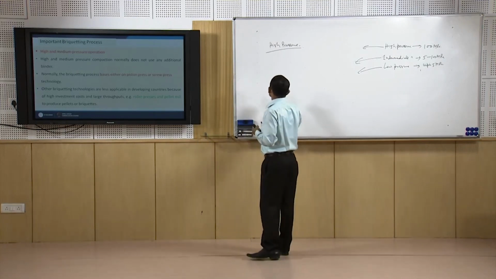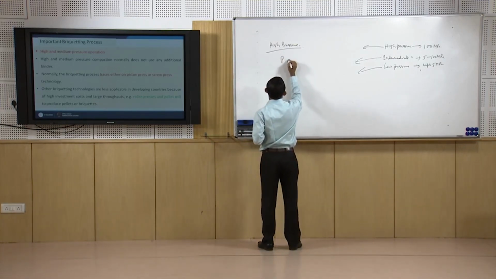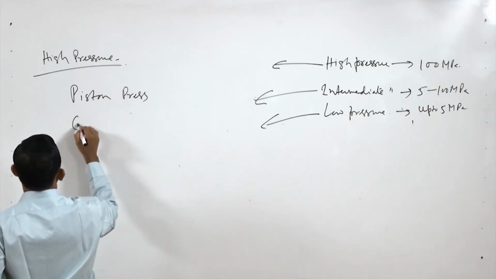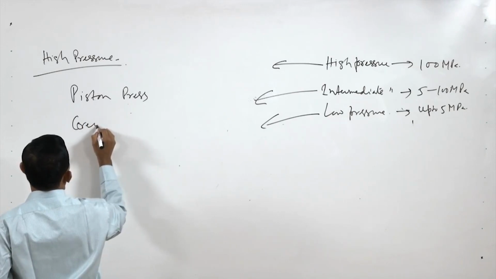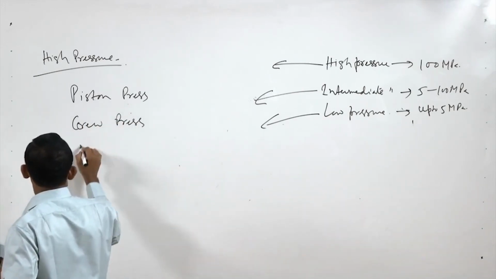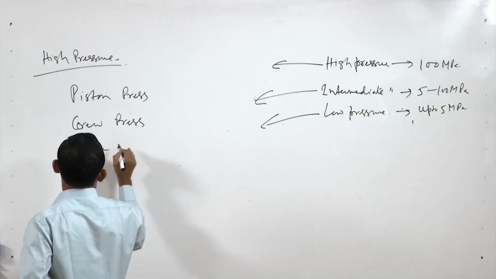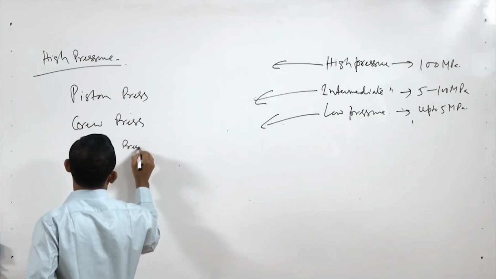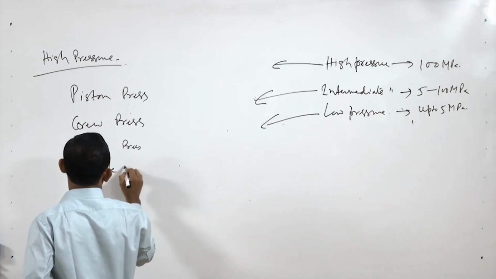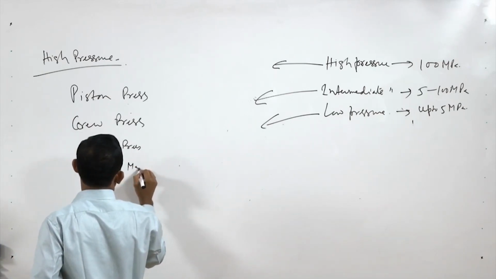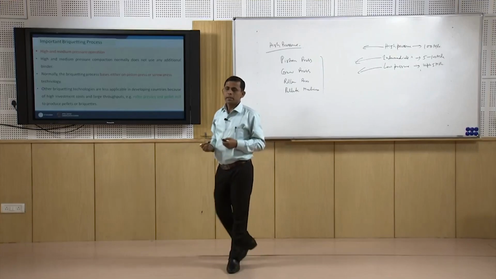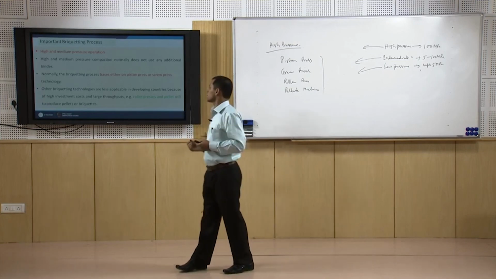The first one is piston press, second is screw press, third one is roller press, and fourth one is pellet machine.